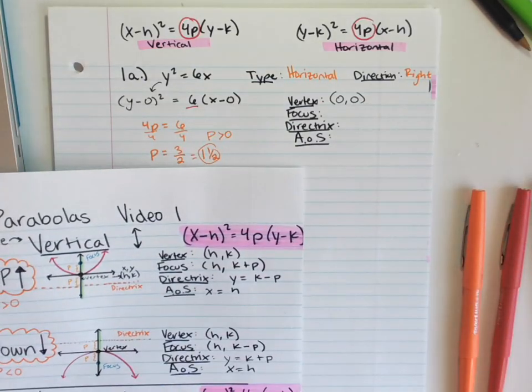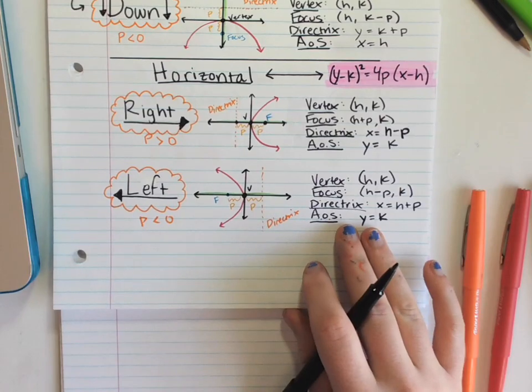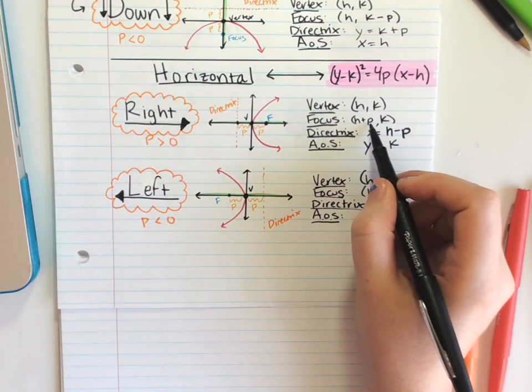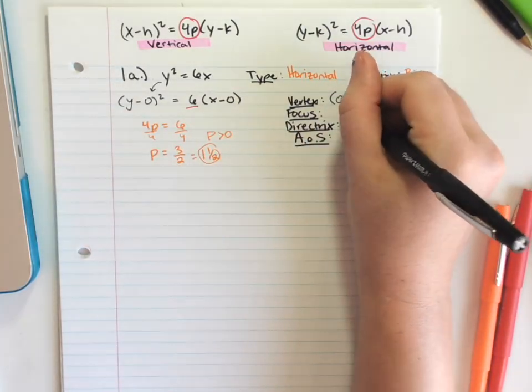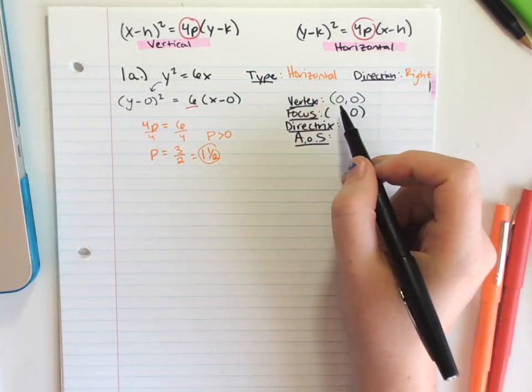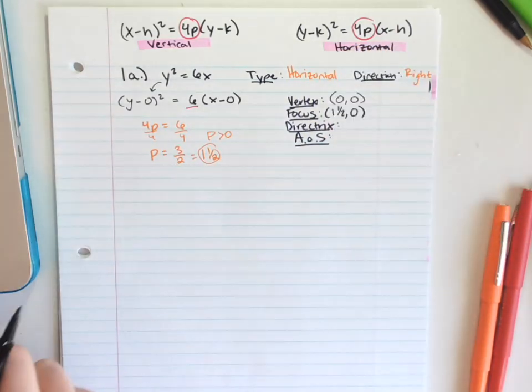For us to find our focus for a horizontal facing the right, we're going to take our h and add p, comma k. So the k didn't change, so it's still 0 here. But we're going to add p right here to the 0.